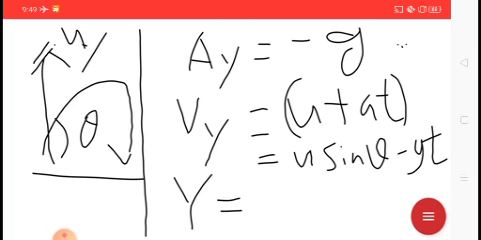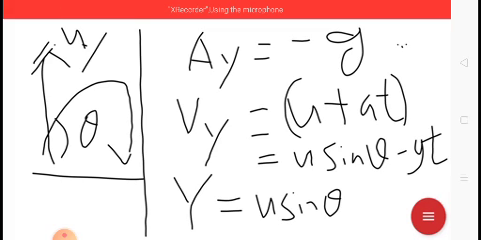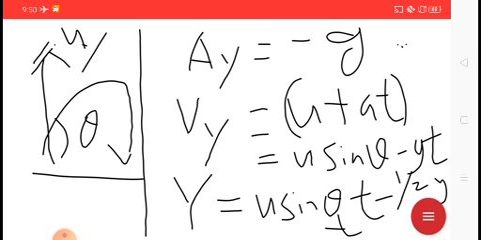So ut is u sine theta t, then minus half g t squared. So your vertical displacement is u sine theta t minus half g t squared, right?